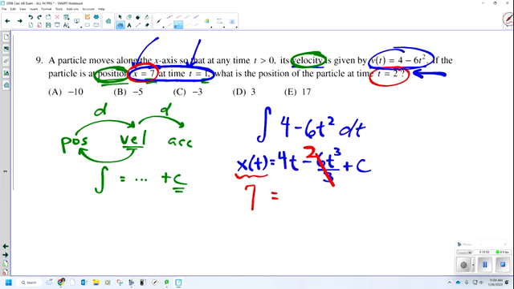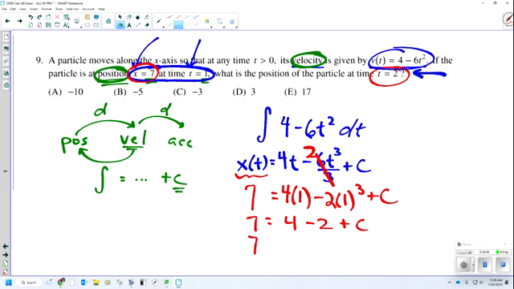So we got 4 times 1 minus 2 times 1 cubed plus c. All right, so 7 equals 4 minus 2 plus c. 7 equals 2 plus c. Therefore, c has to be 5. Okay, if I subtract 2 from both sides, c is 5. I've got to put a 5.